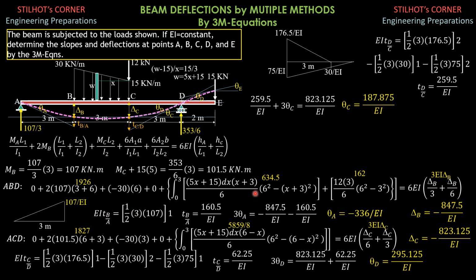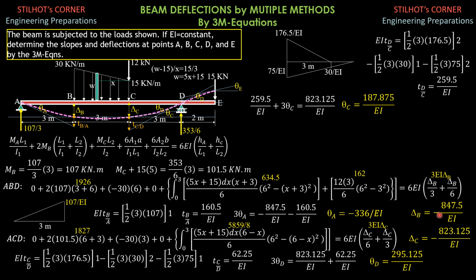negative, because delta B, the result here is positive, but the actual reference is the horizontal line through the origin, which is A, which is the horizontal axis of the beam. So B is below the horizontal axis, therefore we just put the sign, which is negative 847.5 over EI, because B on the elastic curve is below the x-axis.